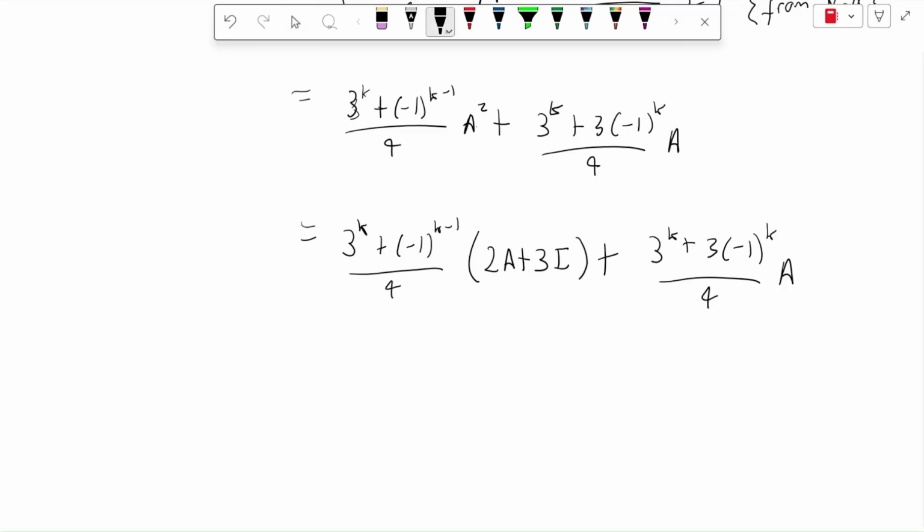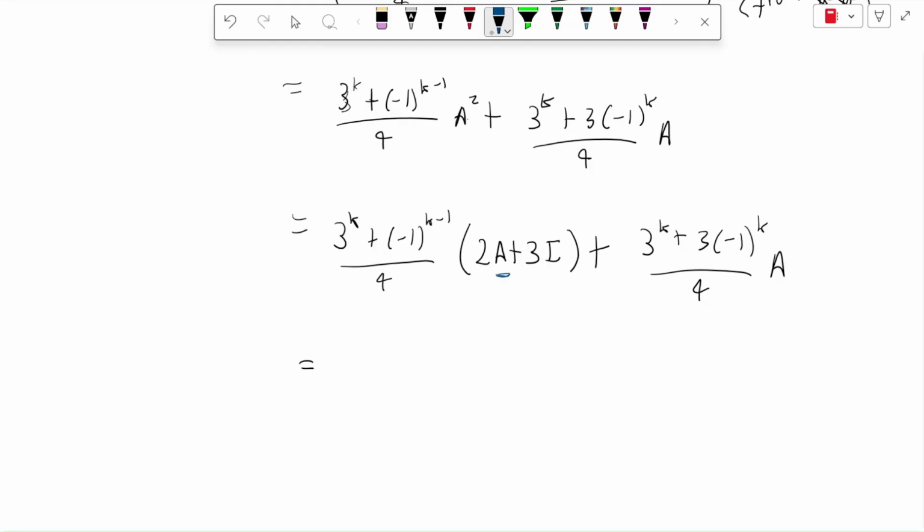So that is going to be, I'll keep everything over 4 first of all. Let's think about the A term. What I might do is just group the A's together now. So the A term will be 2 lots of (3^k + (-1)^k) take 1 all over 4.